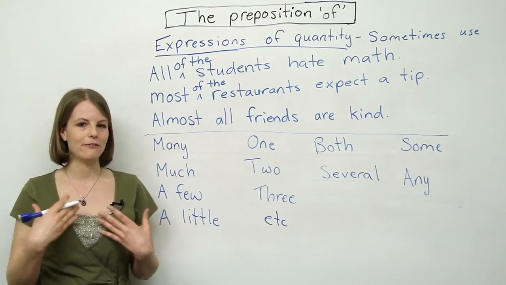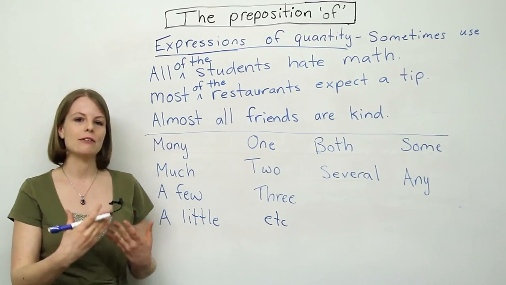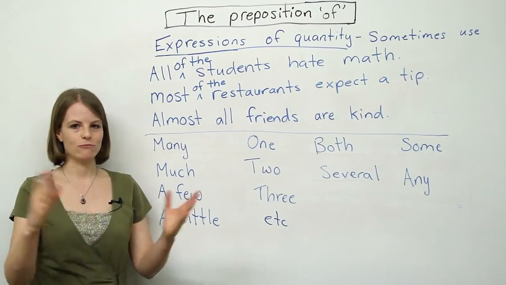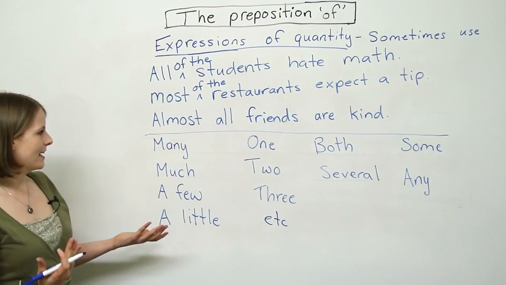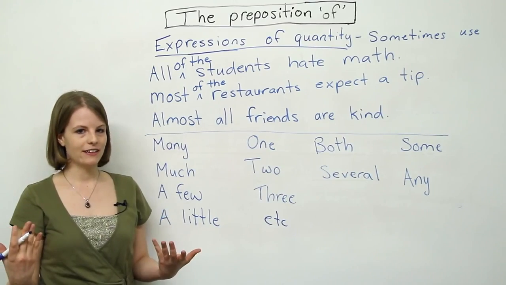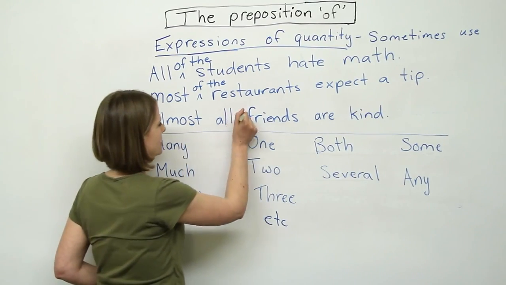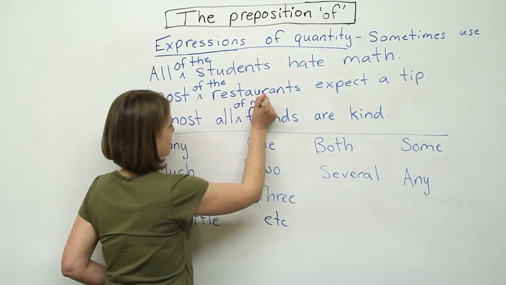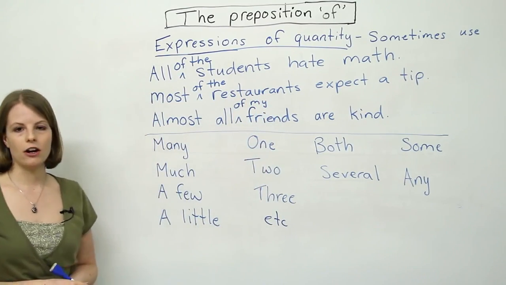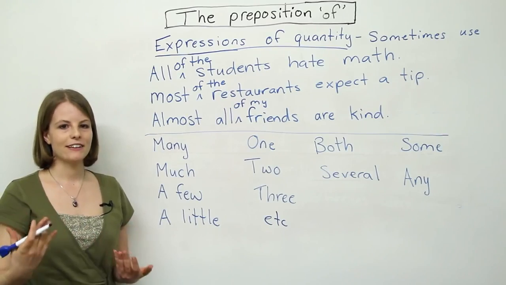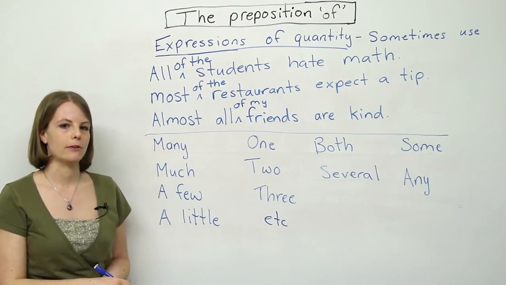I'm not talking about my friends. I'm not talking about your friends. I'm not talking about a specific group of friends, general. And again, in order to make this specific, the time we use of is to make this specific. Almost all of my friends are kind. So now I'm talking about a specific group of people.